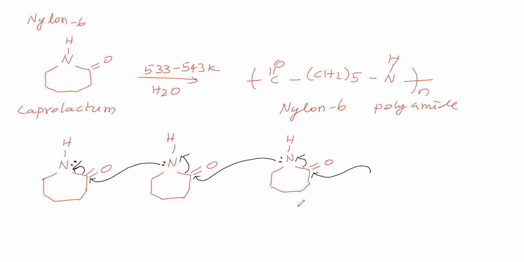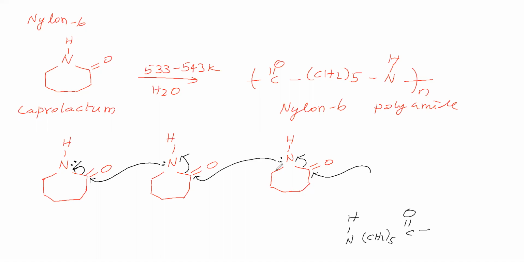Therefore, what are we getting? Here NH is attacking. I will write this CO group, then (CH2)5, 1, 2, 3, 4, 5, then NH.